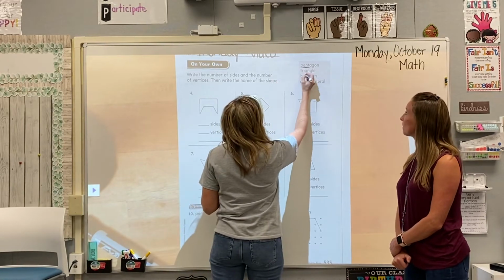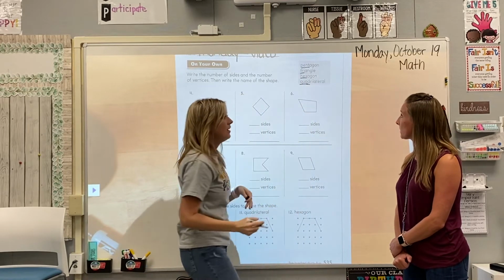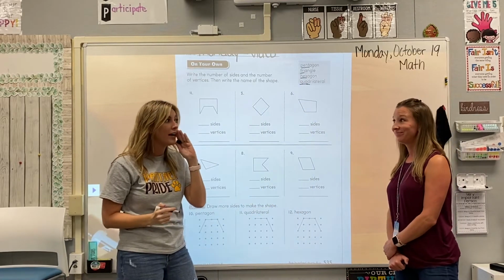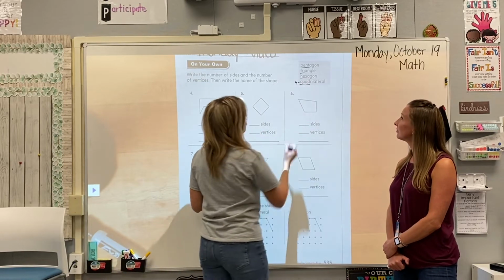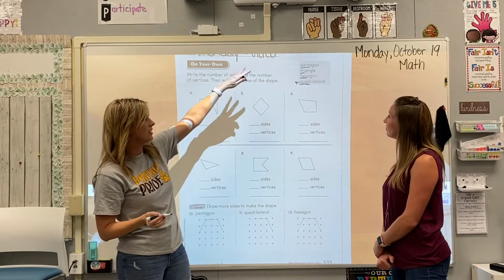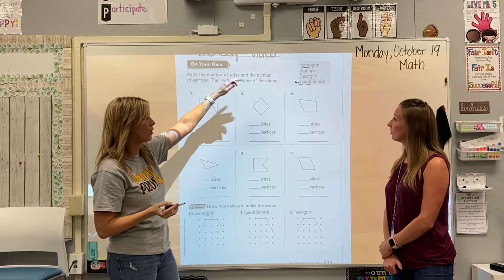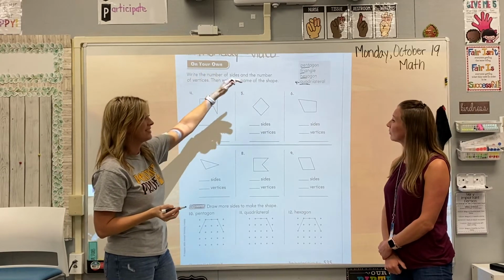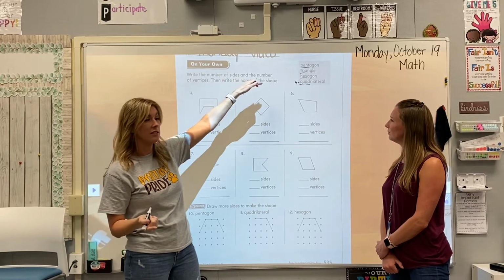And we even talked about what the beginning of these words stand for. Like, I remember you saying that quad means 4. So I might even put 4 next to quadrilateral to remind myself. And then you guys can use the back of the page to write down what does pent stand for, what does tri, what does hex, because all of that information is on the other side. How many sides do each of those have?